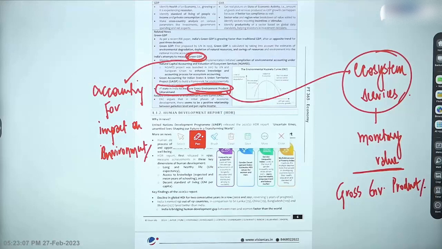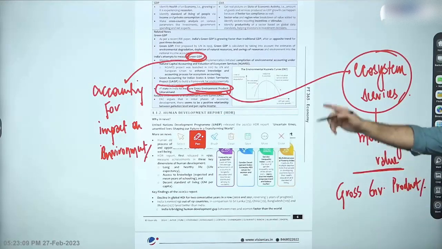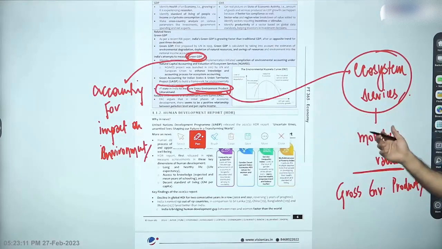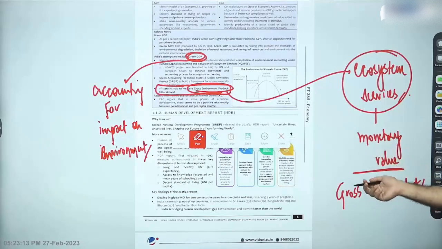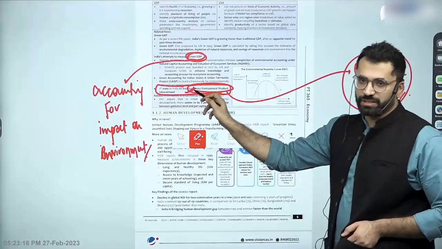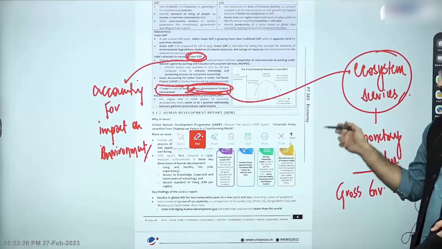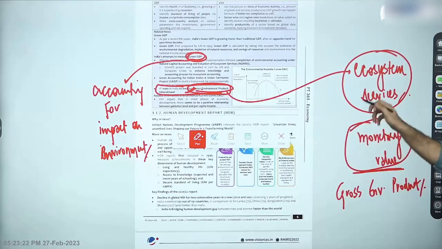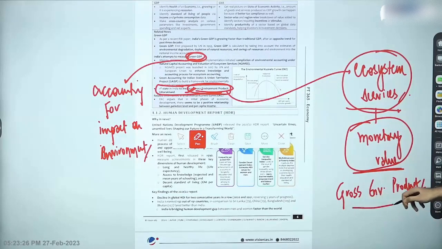Sometimes you can have definition type questions. So there is a small difference between green GDP and the gross environment product. Uttarakhand became the first state to measure this in India, that is, to give monetary value to the ecosystem services provided by the environment or ecology. This is your gross environment product.